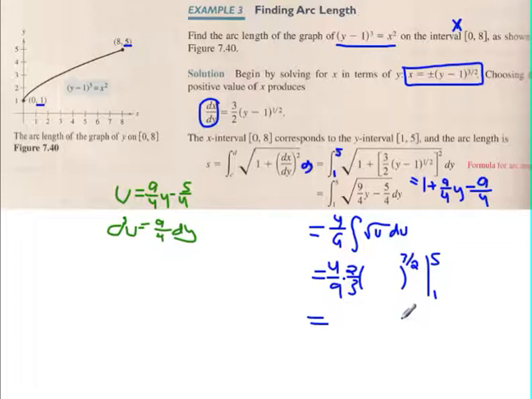So you do that, and you end up getting, no, I don't have my answer written down here, dang it. So let's see, we get 8/27, right? And on the inside, let's think about what we have. So when we plug 5 in, we're going to get 45, right?